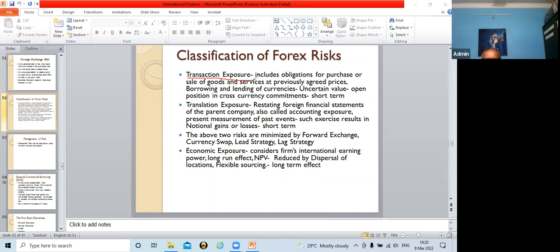Transaction exposure. Exposure means to expose. We say we are exposed to cultural environment, we are exposed to political environment. Similarly, transaction exposure, then translation exposure and economic exposure. So basically this is divided into 3: transaction, translation, and economic. There are three types of risk.